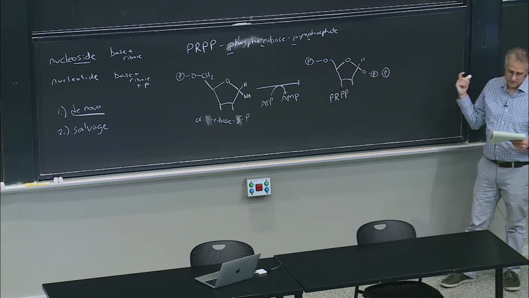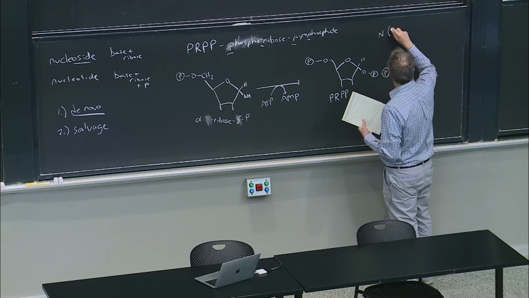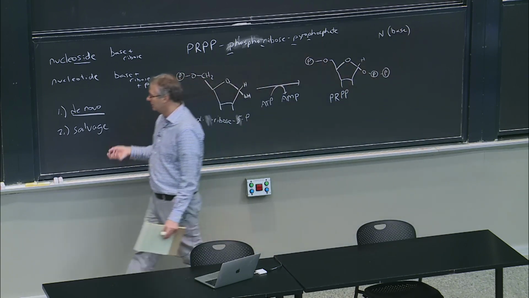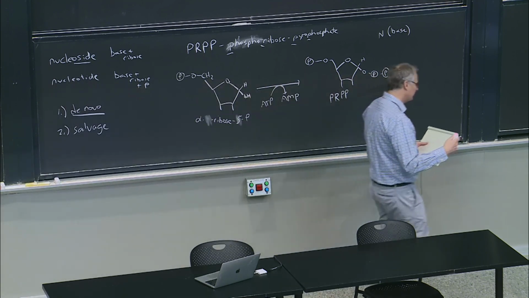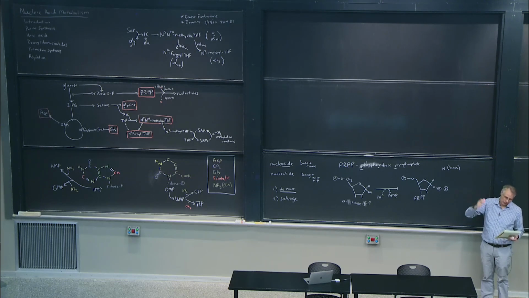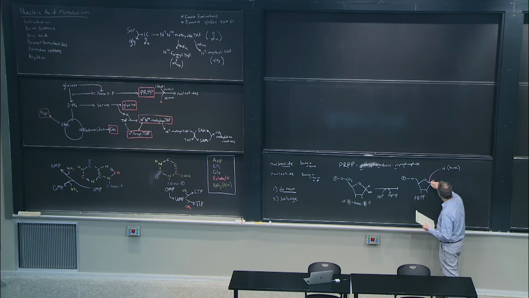Phosphoribosyl pyrophosphate, and PRPP can pick up a nitrogen, either the nitrogen from the base, if it's the salvage pathway, or whatever nitrogen-containing molecule is going to be the first step in de novo synthesis, which we'll get to later, and basically releases the pyrophosphate.